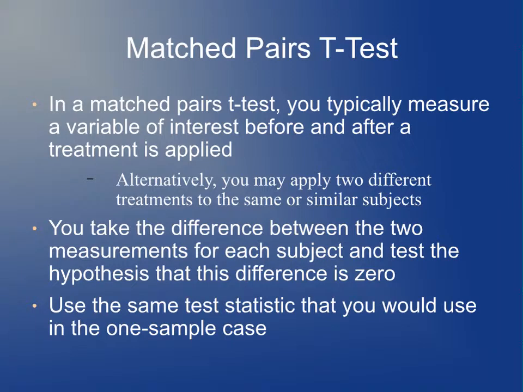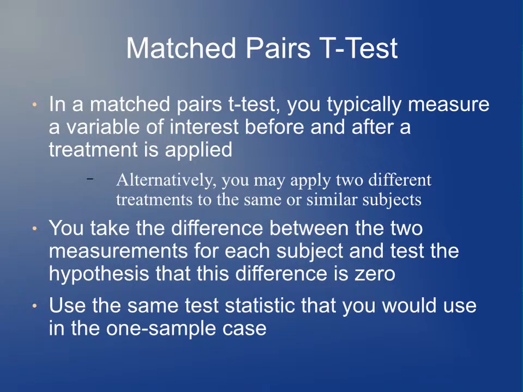So now we'll consider the case where we have two samples that we want to compare, and the simplest case where we want to compare two samples is the matched pairs t-test. A matched pairs t-test typically will measure a variable of interest before and after a certain treatment is applied, or sometimes you'll apply two different treatments to the same subject or similar subjects, and you take the difference between the two measurements for each subject and then test the null hypothesis that this difference is 0.